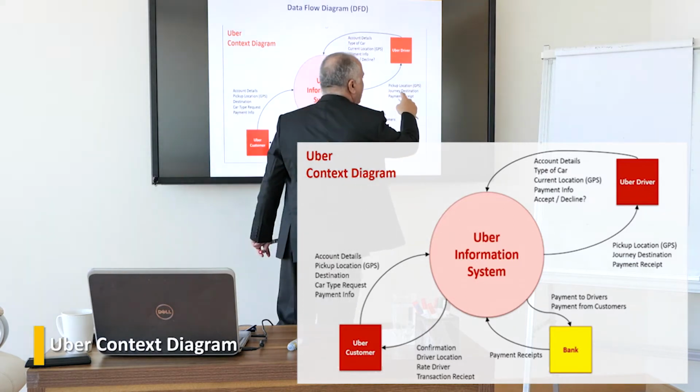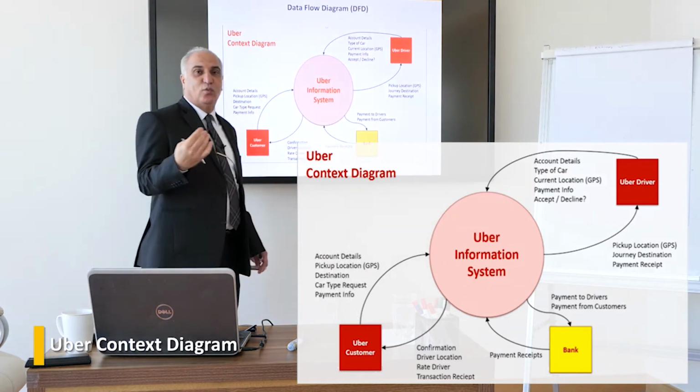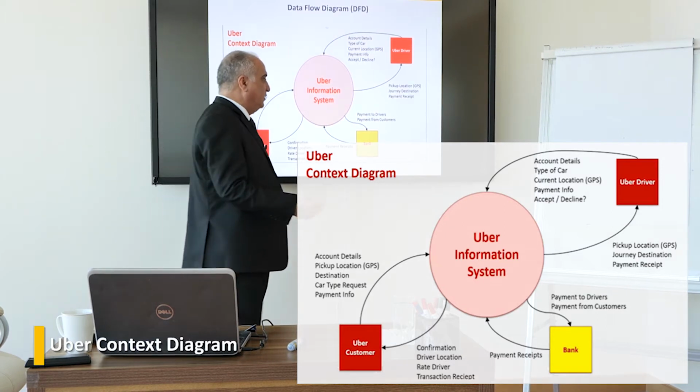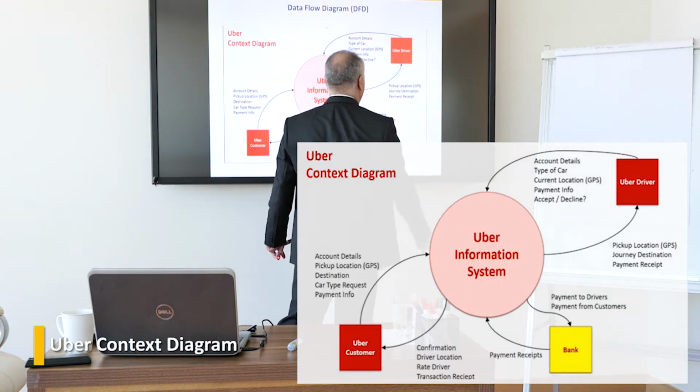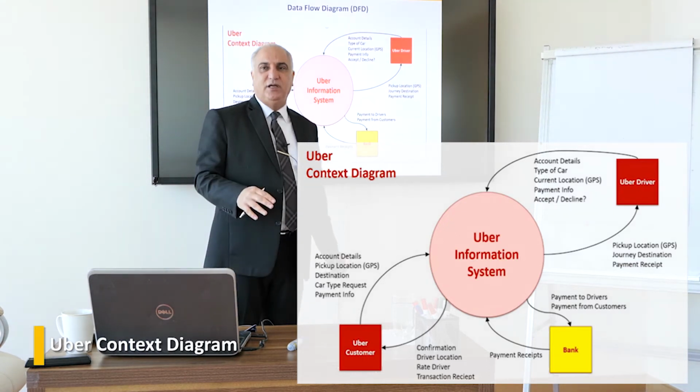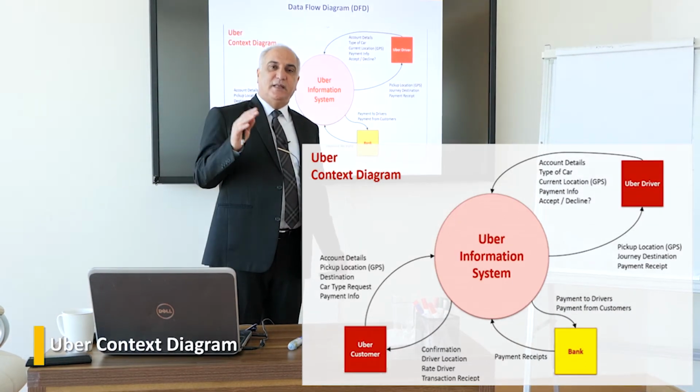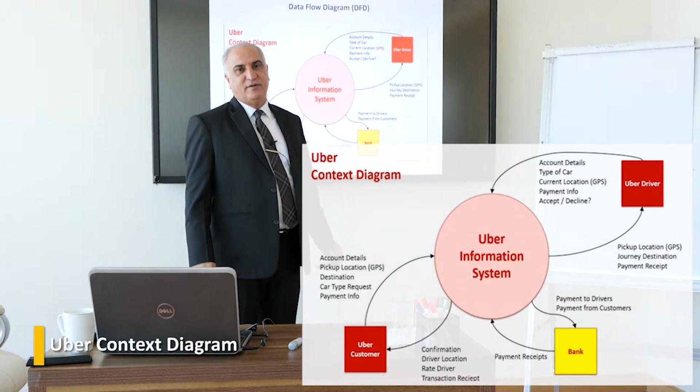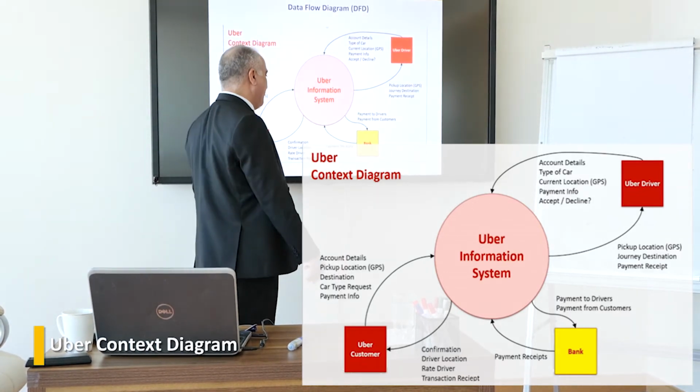They need to understand the journey destination, where the customer wants to go. And after finishing the pickup, they will need to get a receipt confirmation that they get paid.